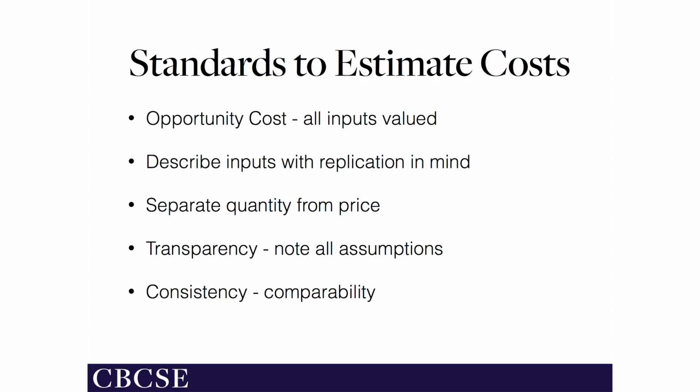We want to make sure that we describe those ingredients with replication in mind. As we'll go over the next couple of days, we need to understand the qualifications, the qualities of an ingredient so that you can price it appropriately, so that you can understand what it takes to replace that person, if you will.